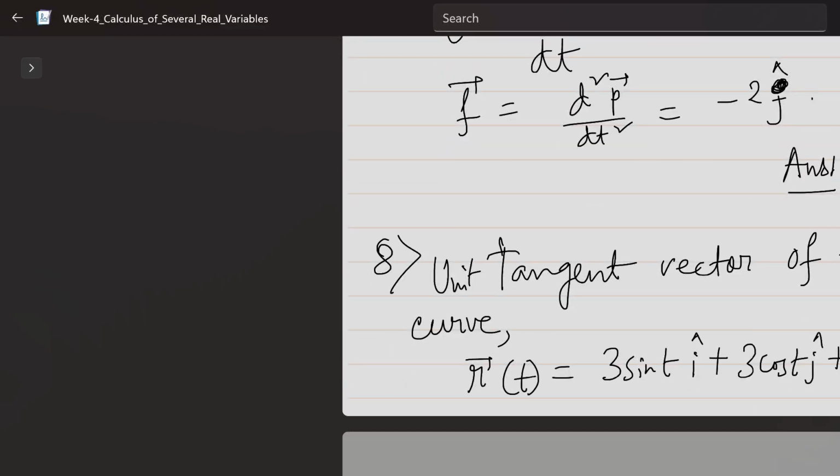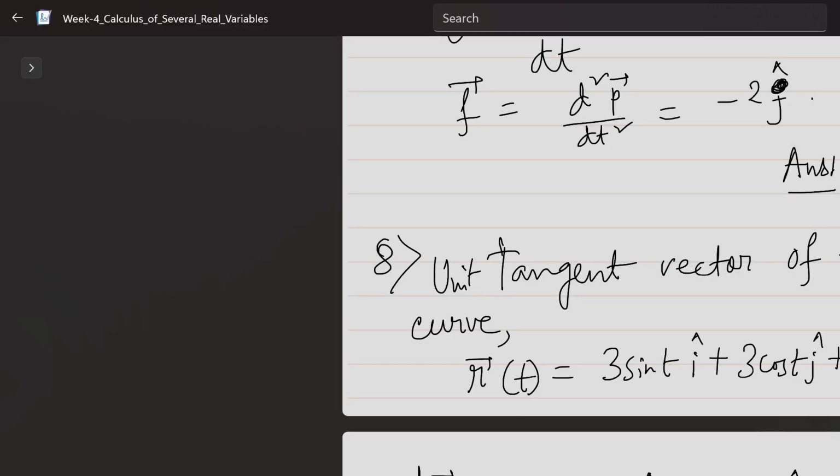Okay. So just find the derivative first. Unit tangent vector means derivative, as you are saying. Tangent means along the slope. So you have to find the derivative. So 3 cos t minus 3 sin t plus root 7 k.